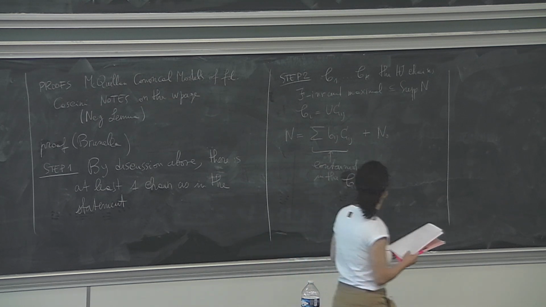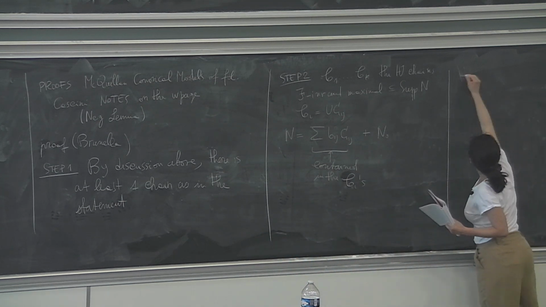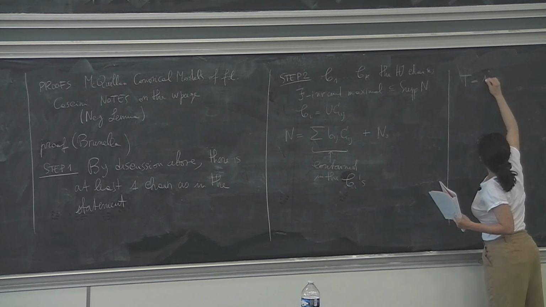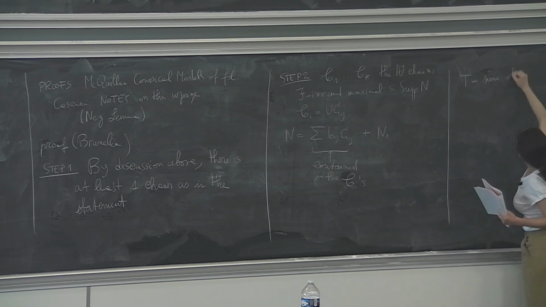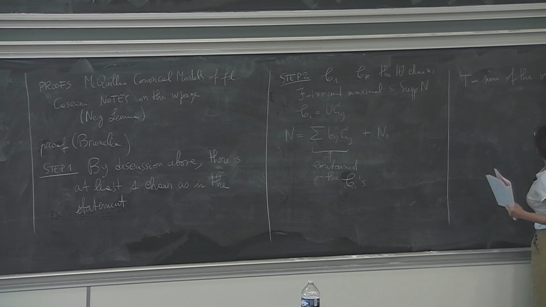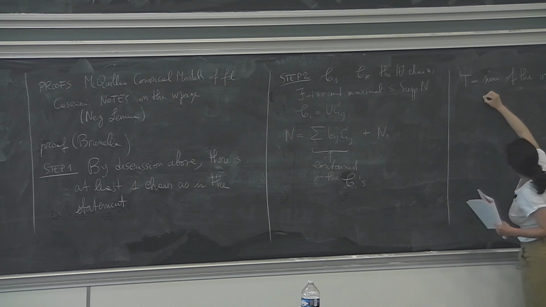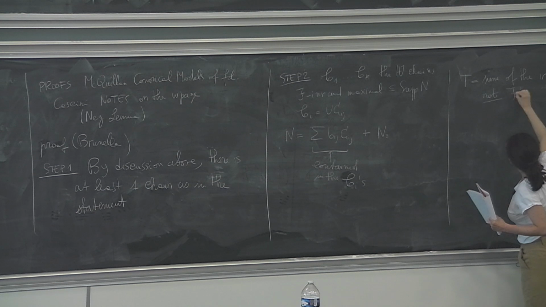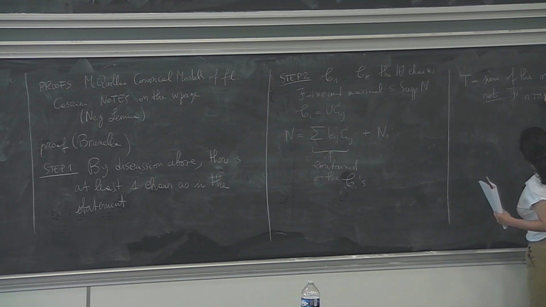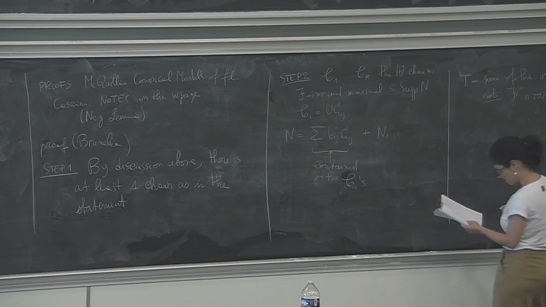Then I denote by T the sum of the irreducible components of the other part, which are not F-invariant. And I will define some auxiliary indices and divisors, and then I will try to explain what they are.